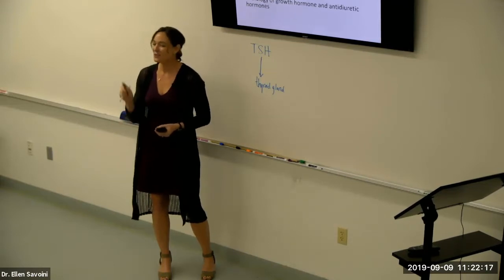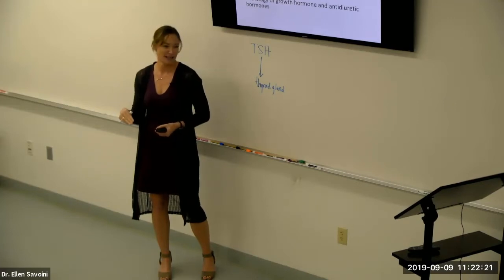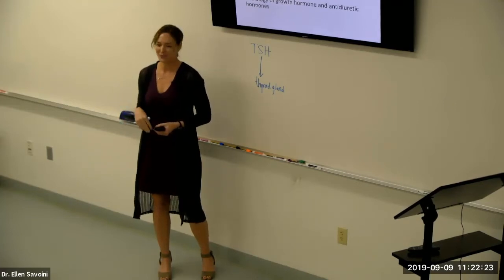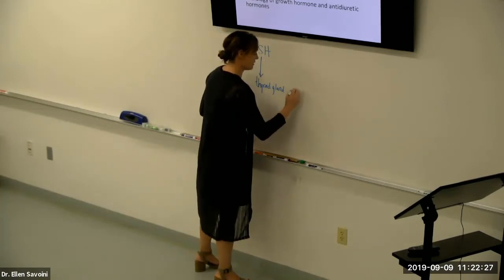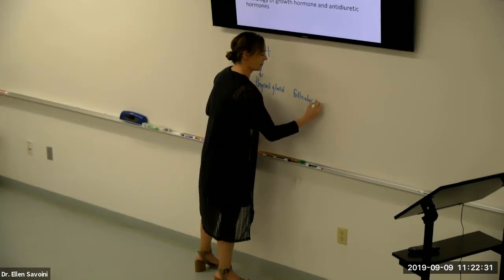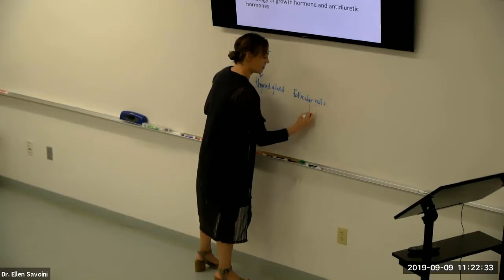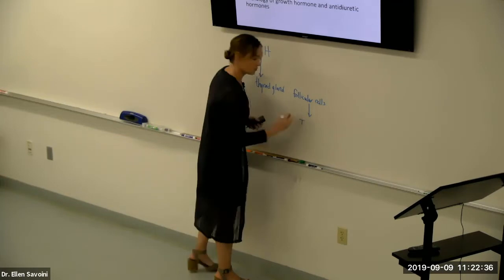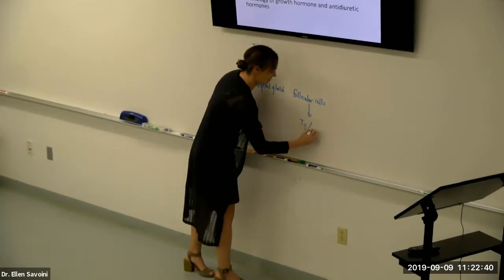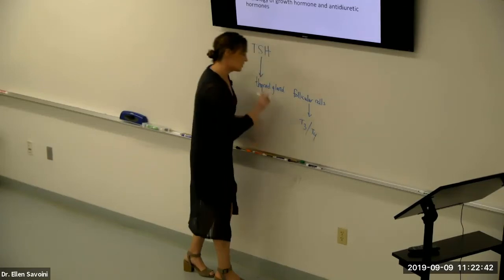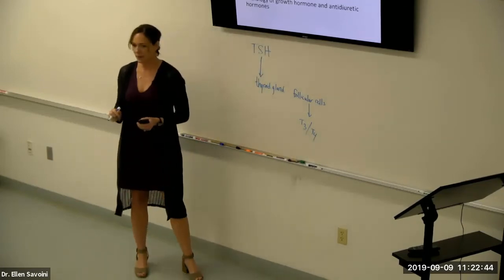Remember there were 2 cell types you needed to know when we looked at the histology of the thyroid gland. There you go. So it's actually going to target follicular cells. And then those guys are going to do what? Release T3 and T4.